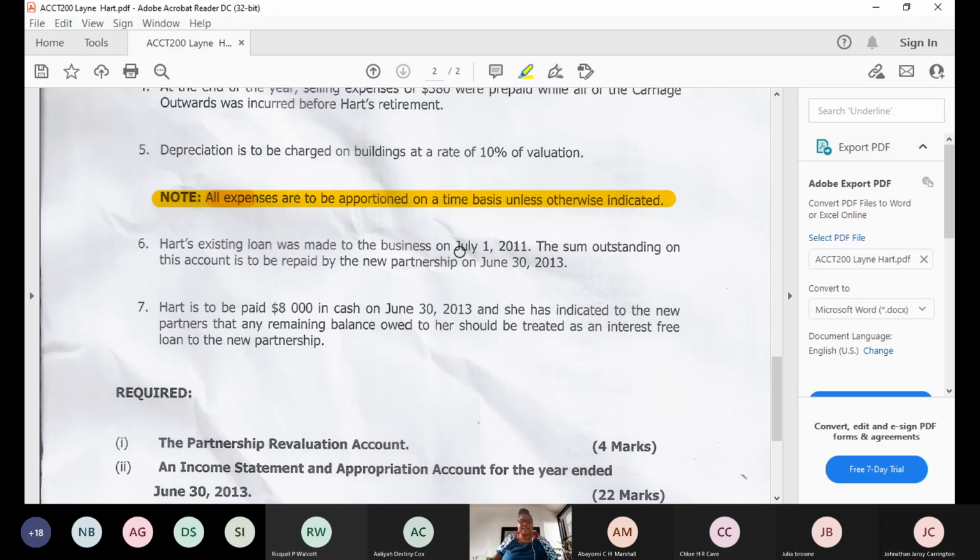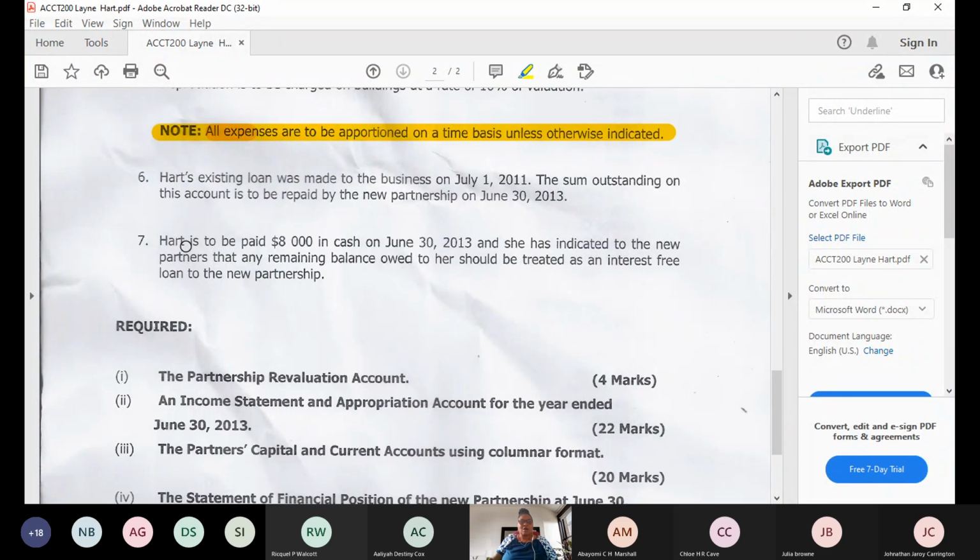The sum outstanding on this account is to be repaid by the new partnership on June 30th, 2013. And number 7, Hart is to be paid $8,000 in cash on June 30th, 2013. And she has indicated to the new partners that any remaining balance owed to her should be treated as an interest-free loan to the new partnership.